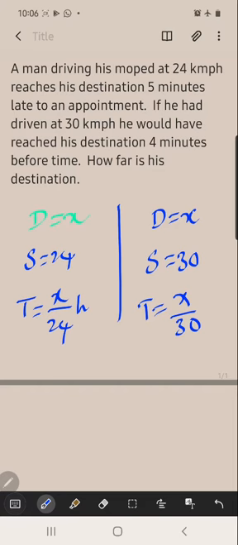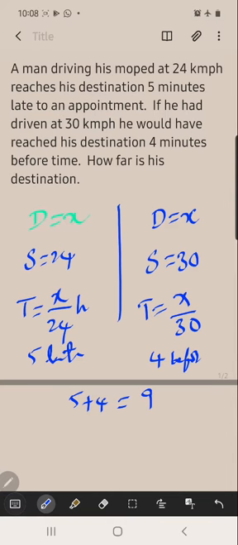So here first case what happened, 5 minutes late, but in the second case, 4 minutes before time, that means 4 minutes before he came. So this is the time given. So what is the time difference taken here? In this problem we must add the time, whatever late time and before time, that is 9.